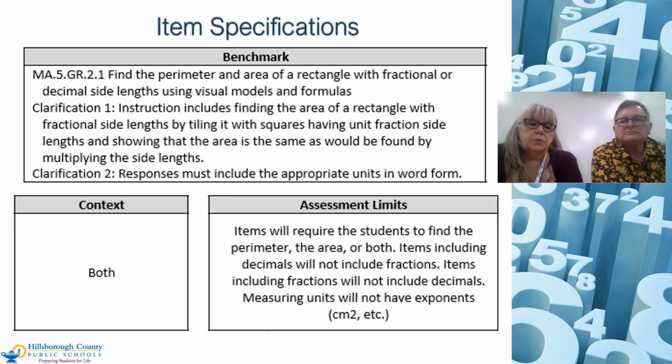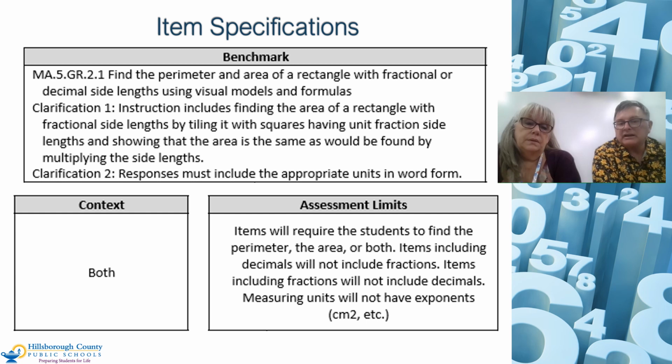So real quickly, just pointing out a few things from the item specifications. This benchmark could be assessed with context or without context. Now our Margie problem had context, but they might just be given a picture of a rectangle and be asked to find the area and or perimeter.